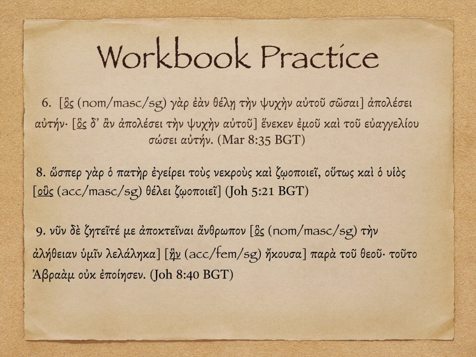Now, what does has refer to in the sentence, number 9, in the previous set of words? Anthropon. Now, anthropon, what case is that? Yes, accusative. But the relative pronoun has is not accusative, it's nominative.